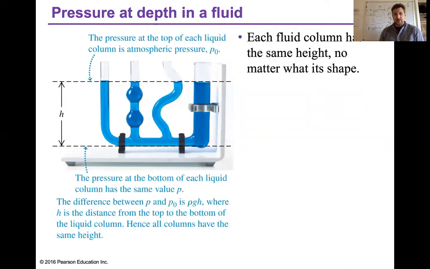The pressure applied to the top surface in each of the 4 columns is the same atmosphere. And the height of each column is the same, because the pressure in the fluid at each depth within a fluid is the same.